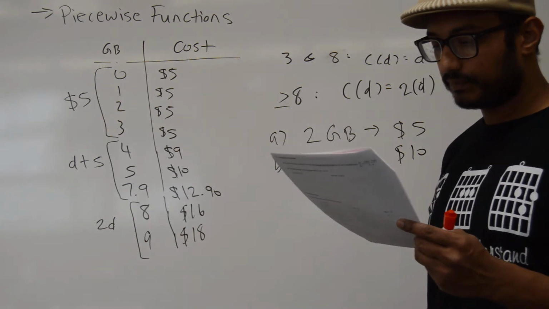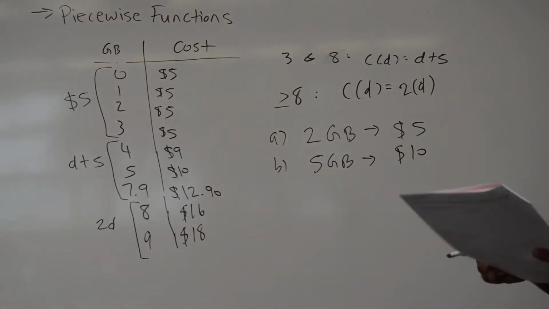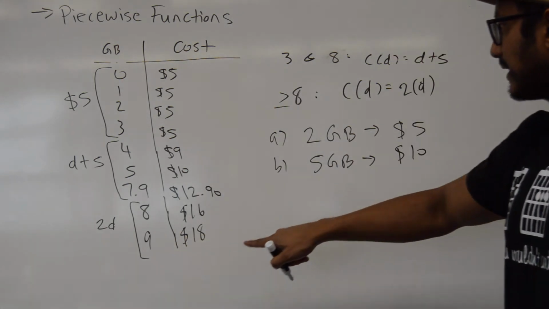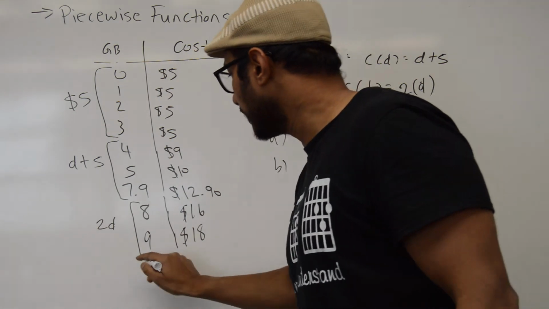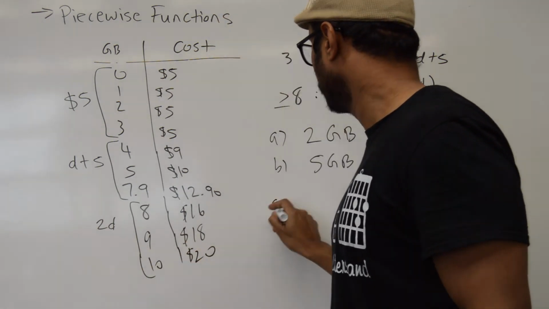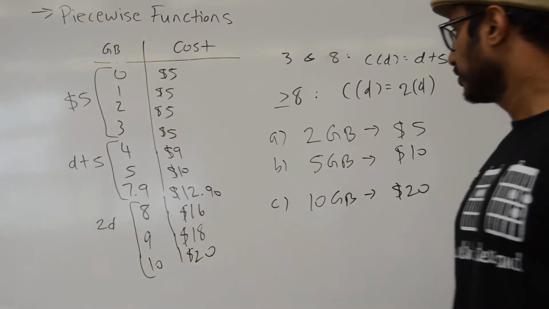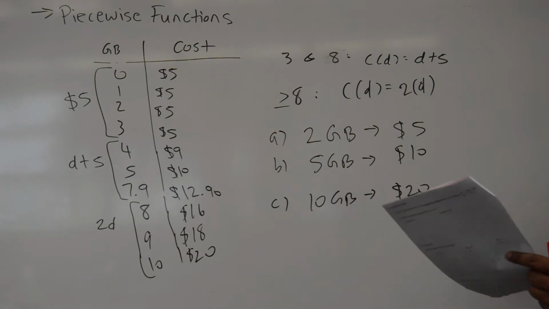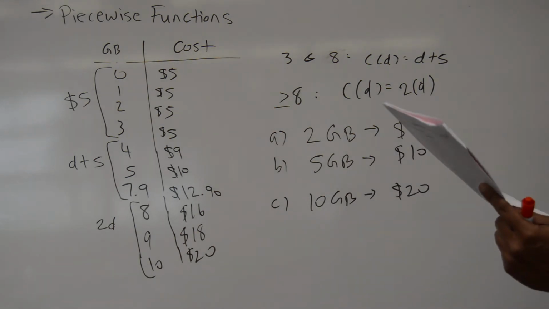How much would an individual pay if he or she used 10 gigabytes of data per month? If you use 8 or more gigabytes, then you take the number of gigabytes you have and you multiply that by 2. So if an individual used 10 gigabytes, then their cost would be $20. Now I'm going to go back to part A. The other part of it says, what if you use 3 gigabytes?